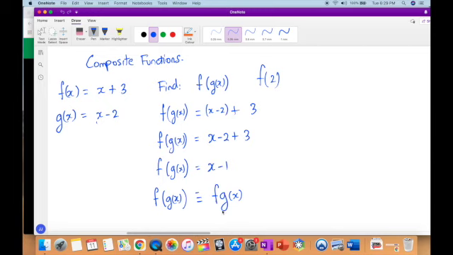So write this down. Let me know when you're done. Oh yes, it would be plus 1. Thank you. Minus 2 plus 3 is plus 1. Thank you very much, Kusha.